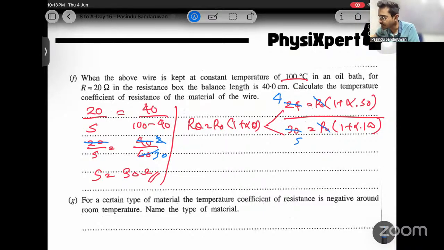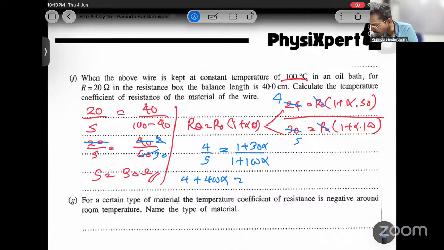R naught cancels. Then 4 over 5 equals 1 plus 30 alpha over 1 plus 100 alpha. Then cross multiply: 4 plus 400 alpha equals 5 plus 150 alpha.